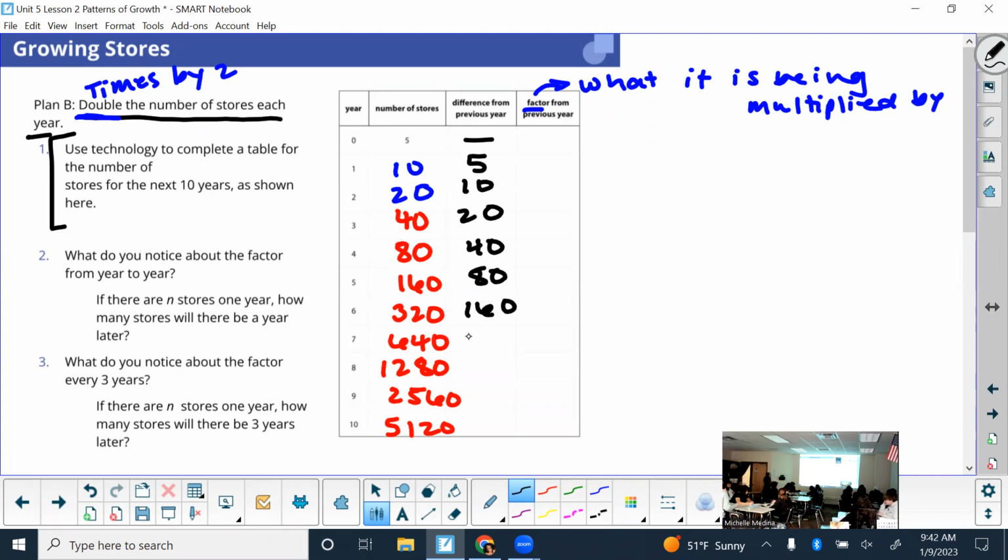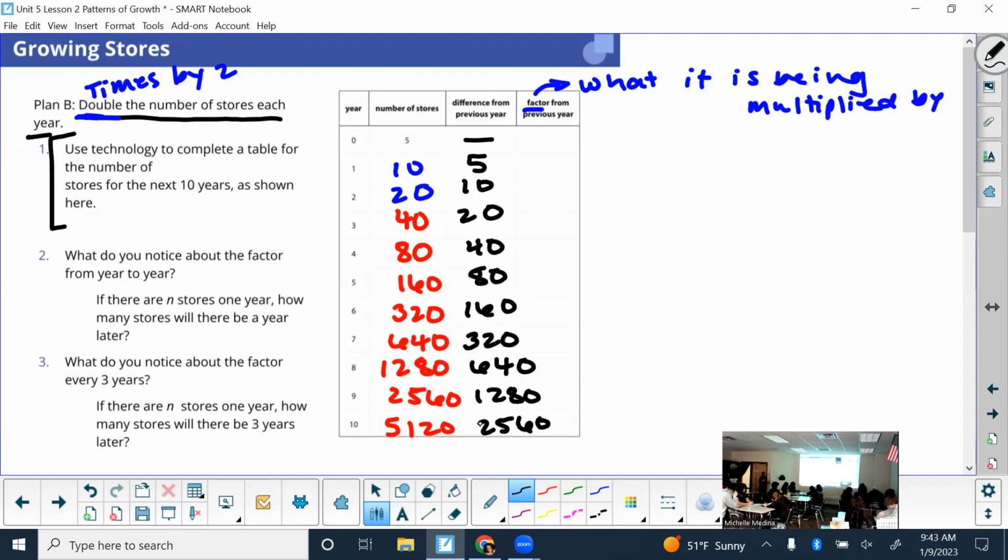Table 6. Table 7. 640. Table 8. And table 1 again. 2,560. All right, so is the difference consistent like in the last table?